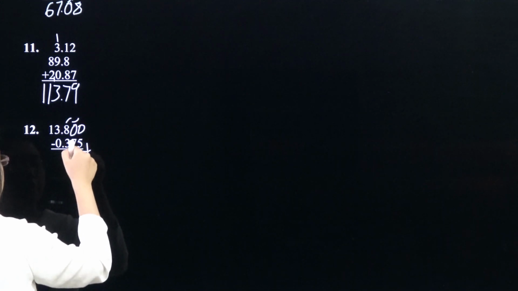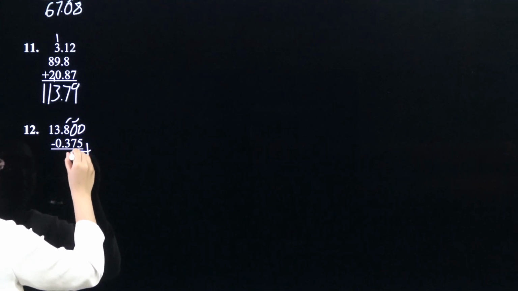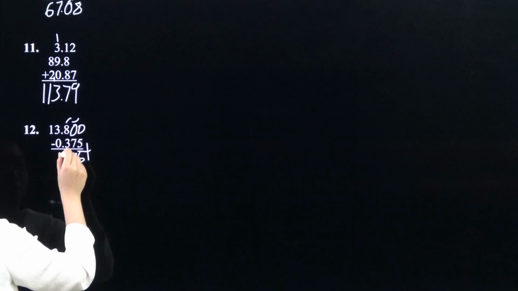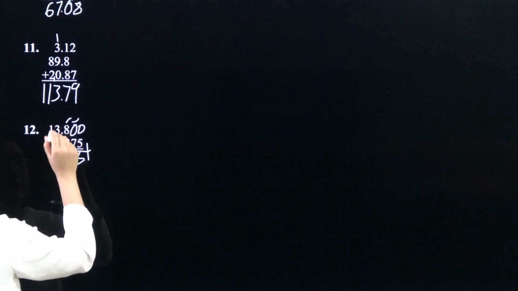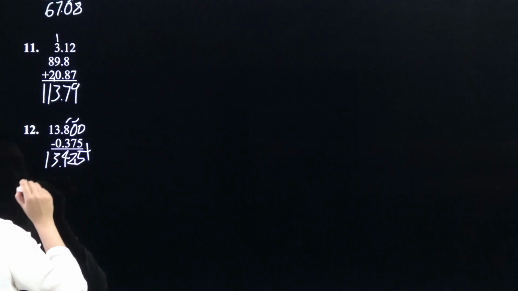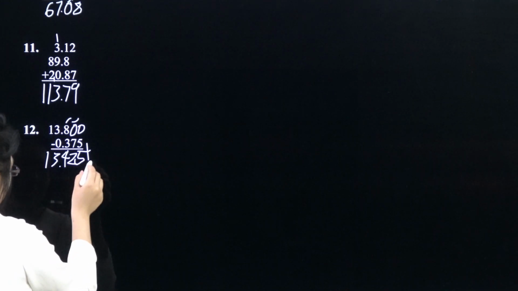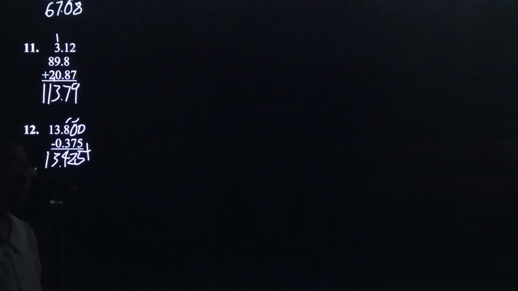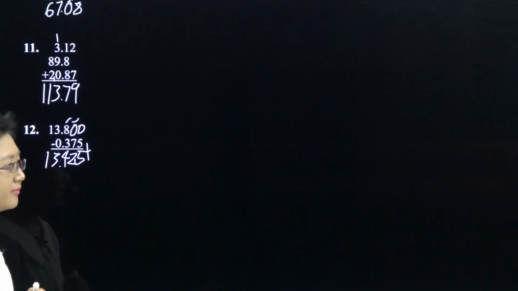This one's been regrouped, so that's 9 minus 7, 2. This one's been regrouped, so that's 7 minus 3 equals 4. 3 minus 0 equals 3. 1 minus nothingness equals 1. Which means that this question is 13.425.